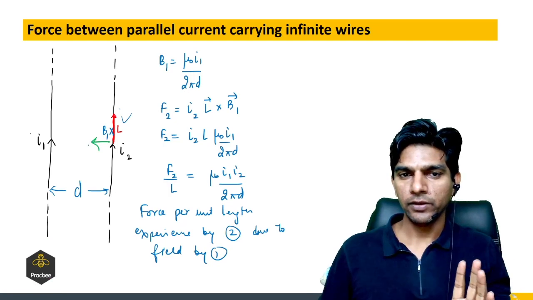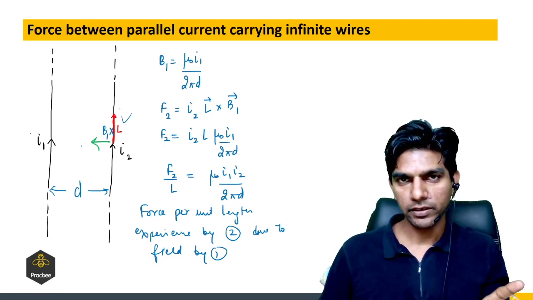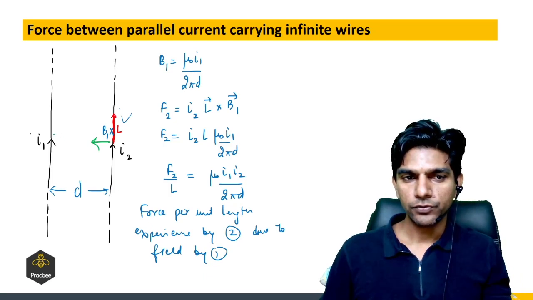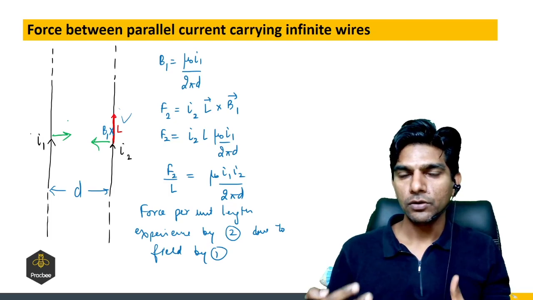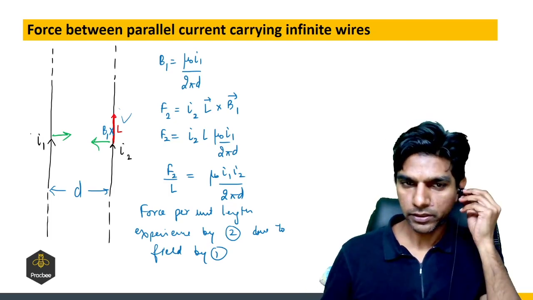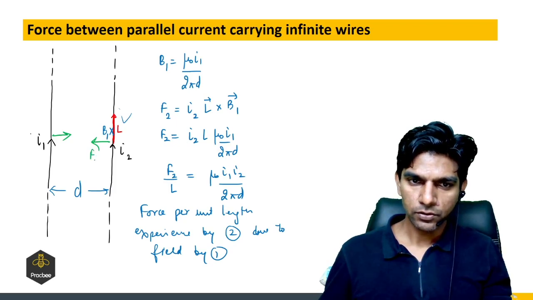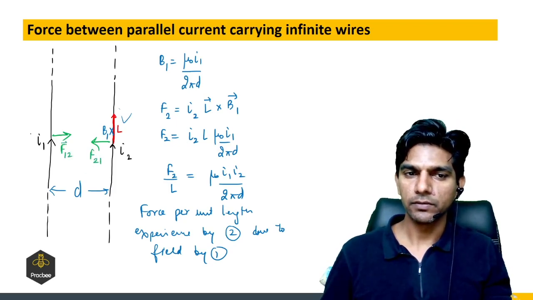Similarly, if we find the magnetic field of the second wire at the location of the first wire, then we will get the force on the first wire in the right direction. Now by Newton's third law, these two forces will be equal and opposite. So this is the force on second wire due to the first wire, and this is the force on first wire due to the second wire.